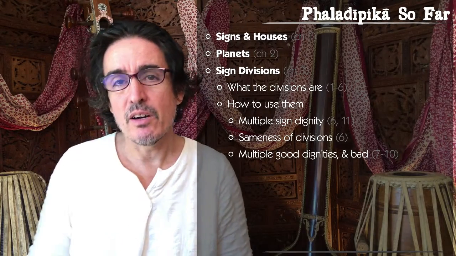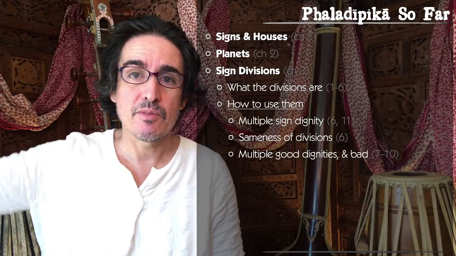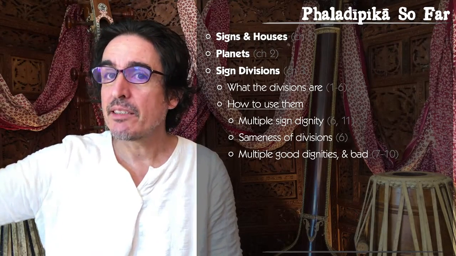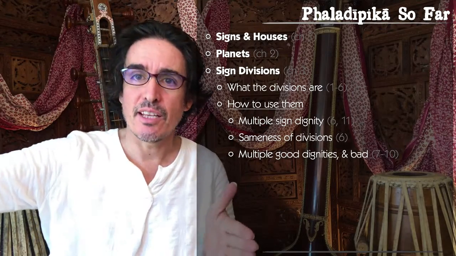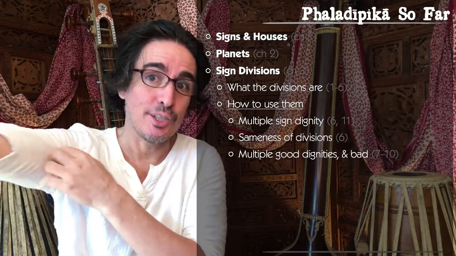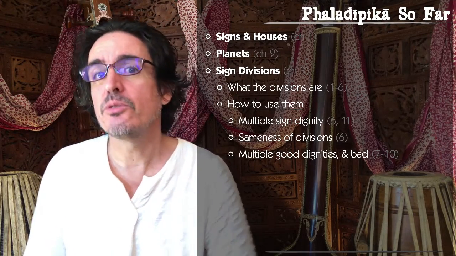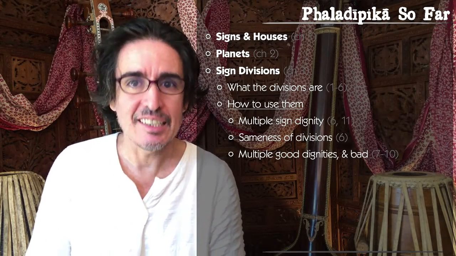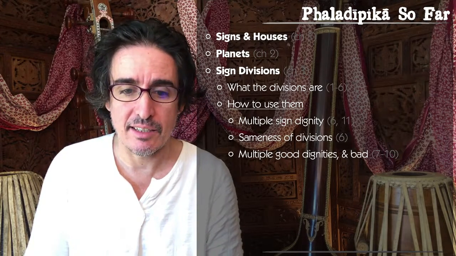And then he talked about assessing the multiple dignities by tallying them. So, for example, how many times out of 10 divisions is this planet in a good dignity? If it's 1 time, then X. If it's 2 times, then X. So that's what he talked about from verses 7 through 10. That technique.